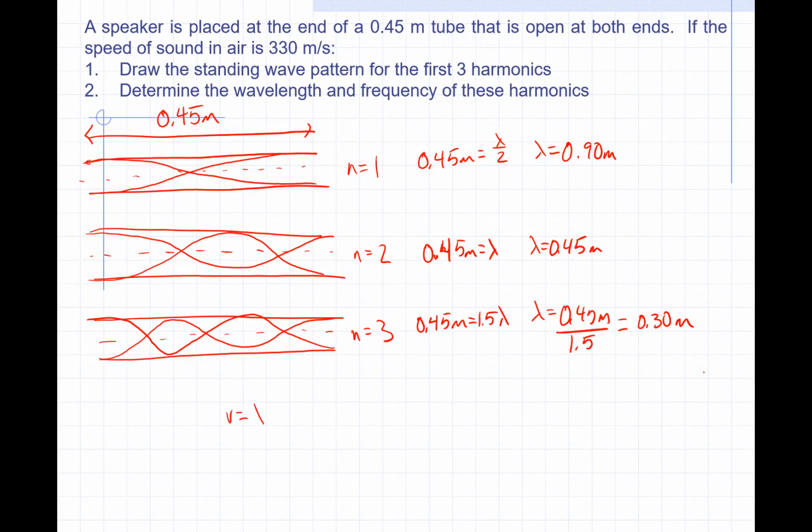Speed equals wavelength times frequency. And if we solve for frequency, we get f is equal to v over lambda. So we can just plug in our numbers. f of our first one is equal to our wave speed, 330 meters per second over 0.90.